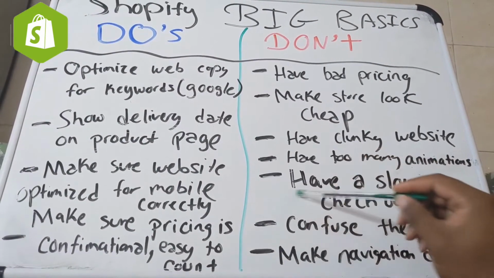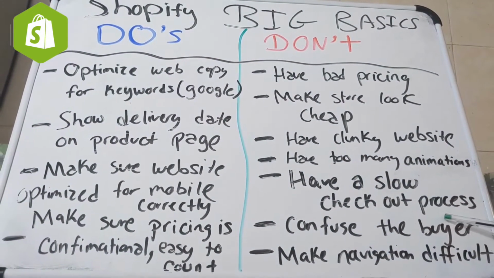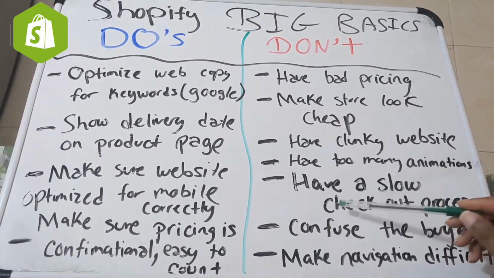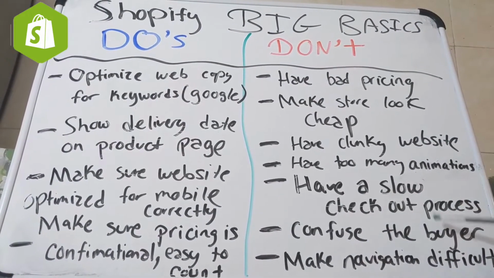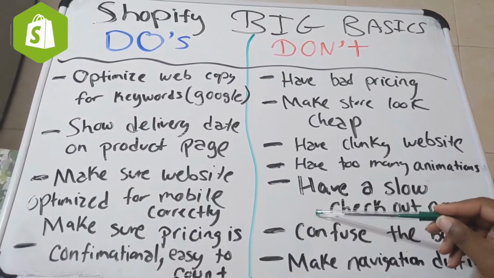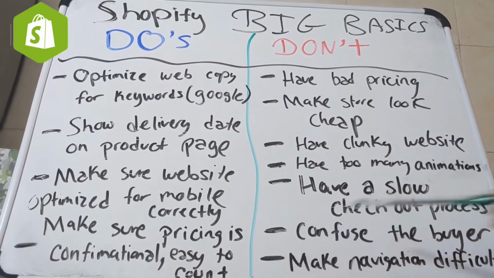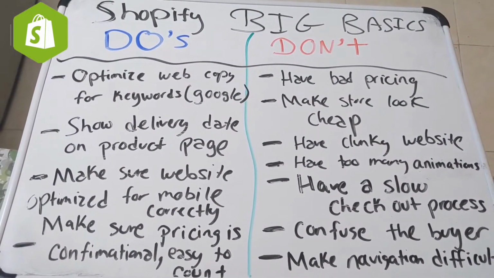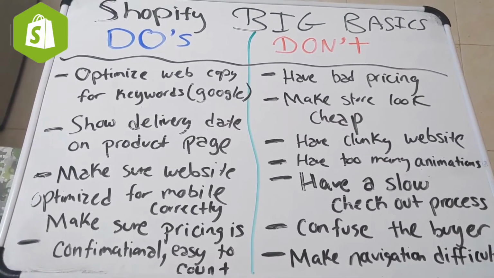So don't have a slow checkout process. Don't make it hard for people to check out. Don't make it slow. If it's clunky, if it's hard to check out... Another big one is try to minimize the amount of forms on the checkout.